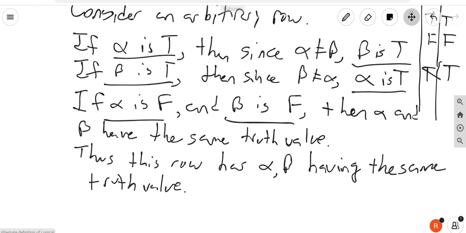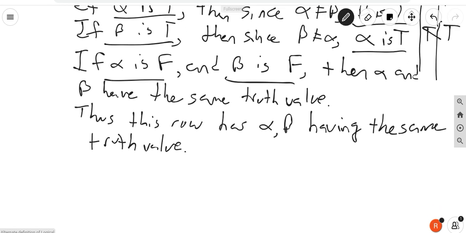So once alpha and beta have the same truth value, then that means that we're moving towards logical equivalence. The only thing left to check is that this is true of every row.